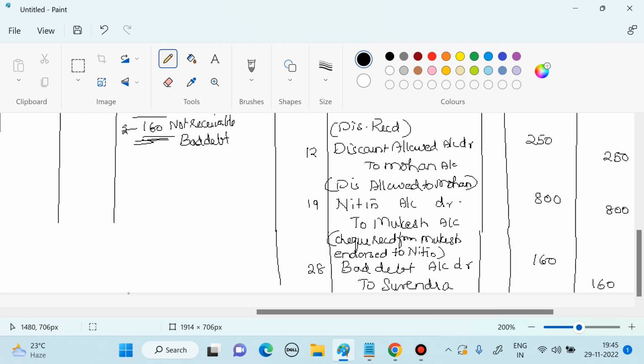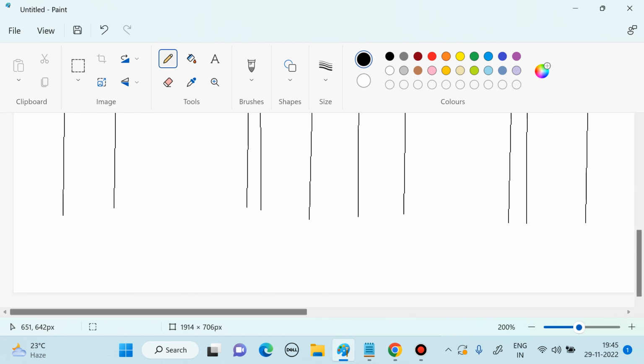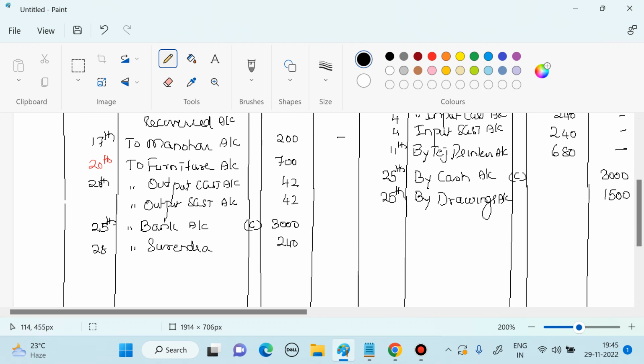So Ram was having a debit balance. We are receiving from him. And therefore cash is coming in, cash account debit to Ram account 3000. First we'll record that as received in our cash book. So here you write 28 to Ram account 3000 is received.